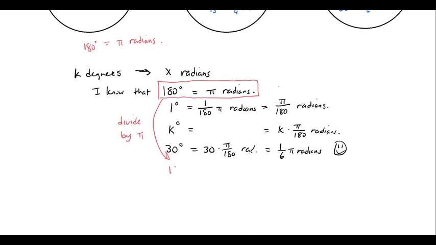Then that tells me that 180 over pi degrees equals 1 radian, because I can divide both of those equivalent measures by pi. So if 1 radian equals 180 over pi degrees, then x radians should equal 180 over pi times x degrees. So those are formulas for converting between degree measures and radian measures.